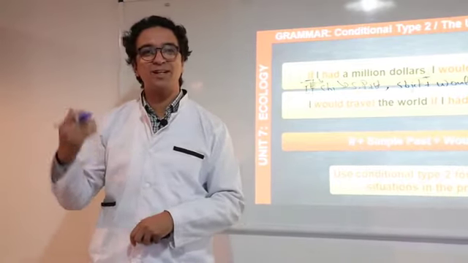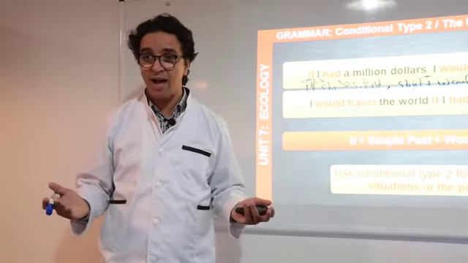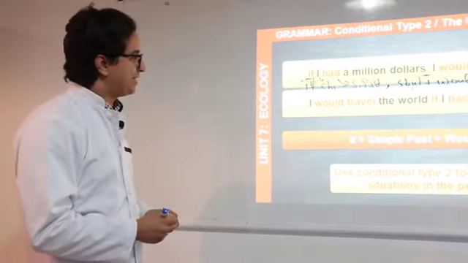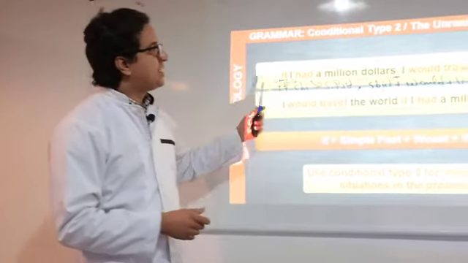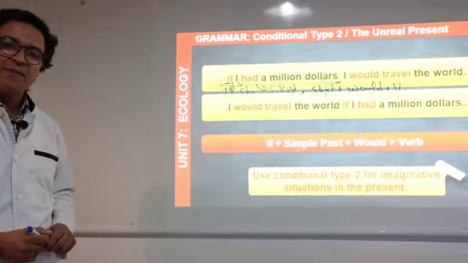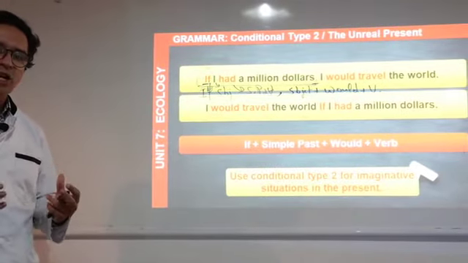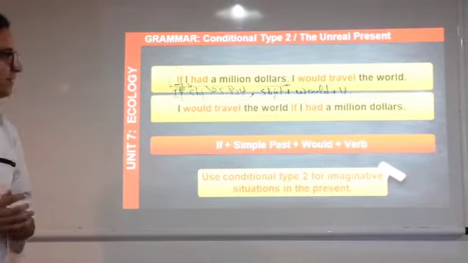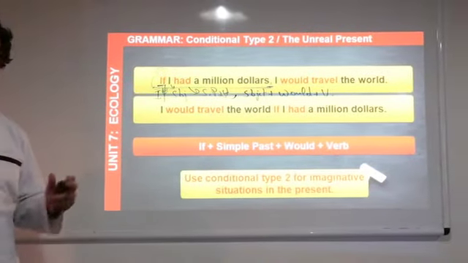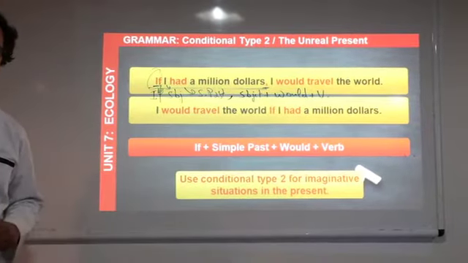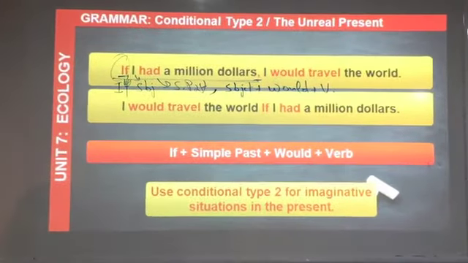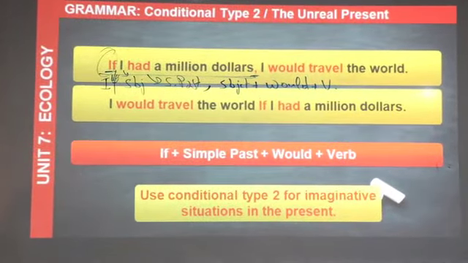It's unreal. I'm not in the US. So we use conditional type 2 for unreal, imaginary situations, just to imagine. If I had $1 billion, I would build a lot of schools in Morocco. So this is just an imaginary situation.